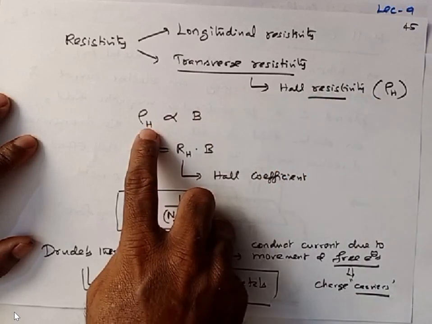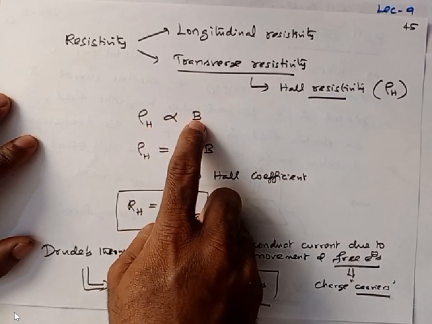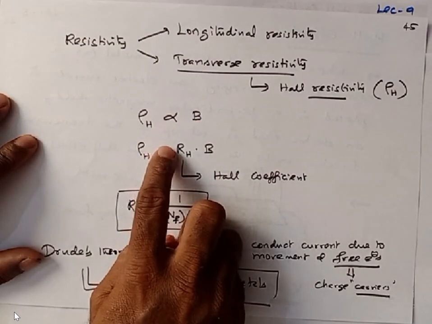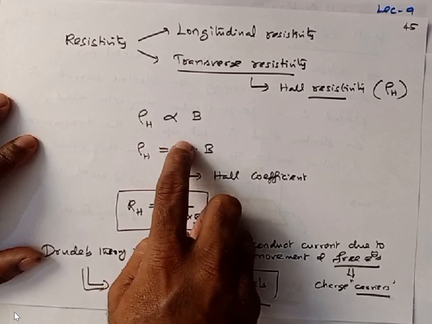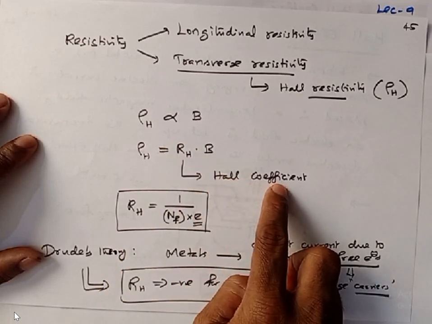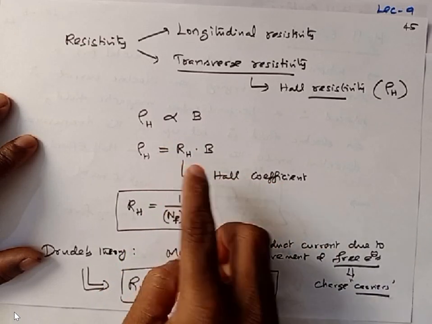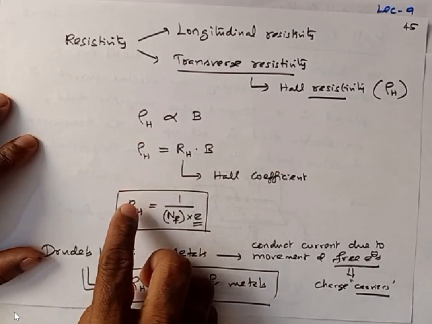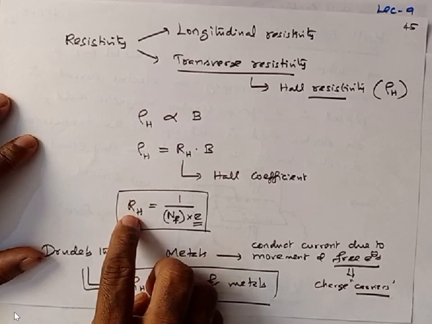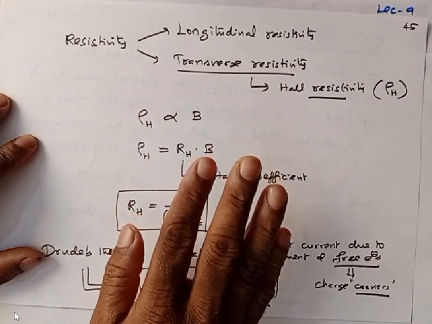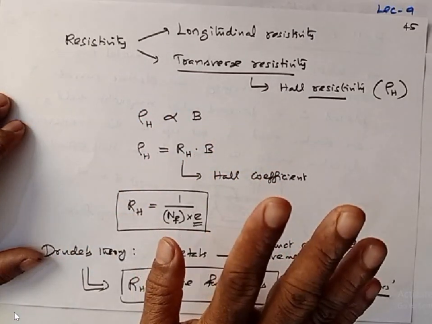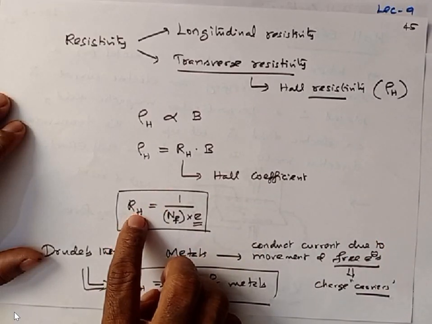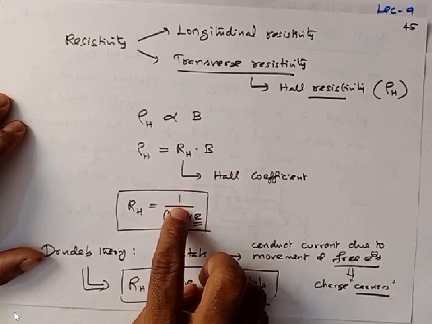This Hall resistivity is directly proportional to applied magnetic field strength. If I equate this, we should introduce a constant, and that constant is nothing but Hall coefficient. Using Lorentz equation and Newton's law, we can derive the expression for Hall coefficient. I didn't do that, but derivation is available. Remember this formula: Hall coefficient RH is equal to 1 by NE.